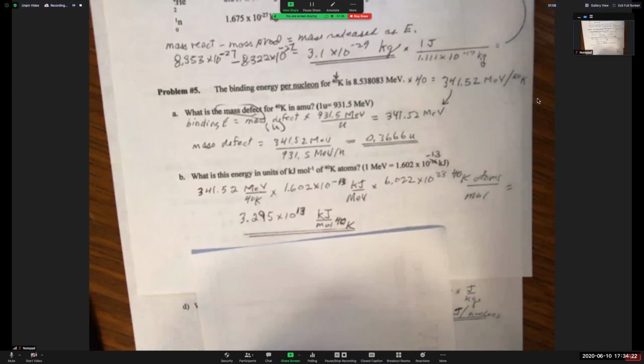Well, there's about 10 to the 13th kilocalories. That's hard to fathom how much energy that is. But that's how much energy is holding the nucleus of potassium-40 atoms together.